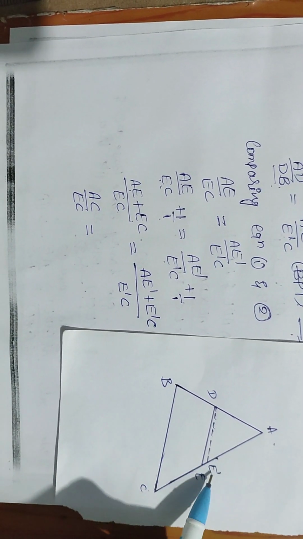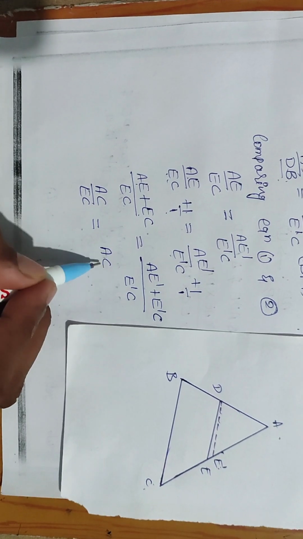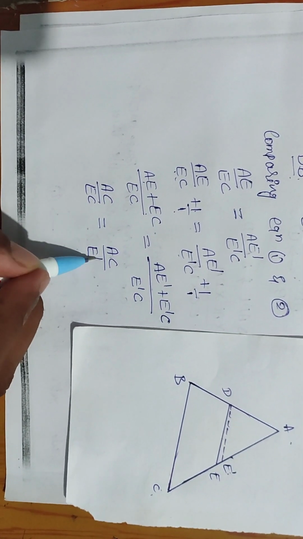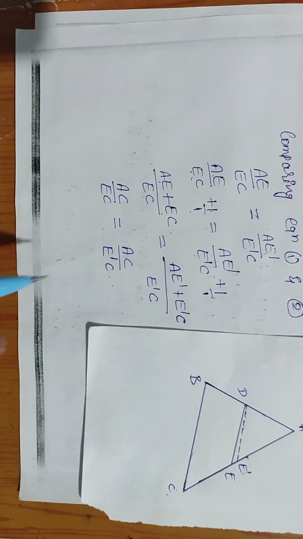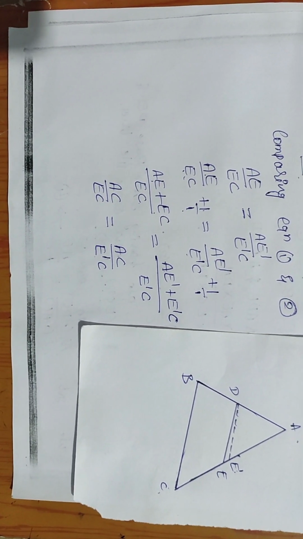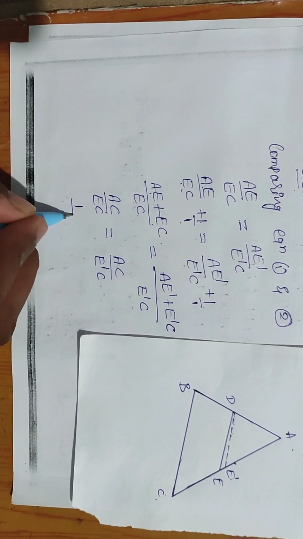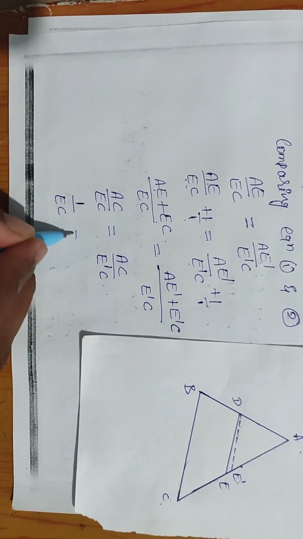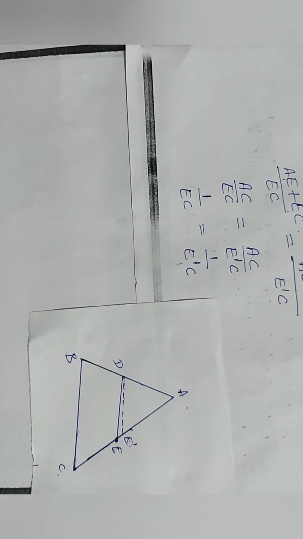Again AE dash plus E dash C, combining those two we get AC divided by E dash C. If we cancel AC on both sides, I remain with 1 by EC, which equals 1 by E dash C.